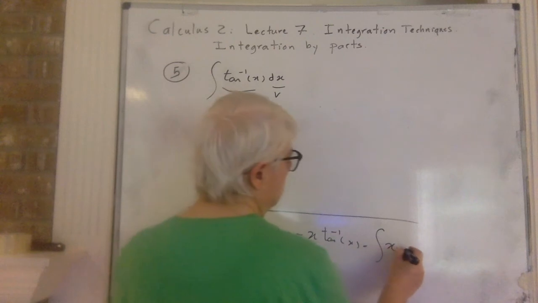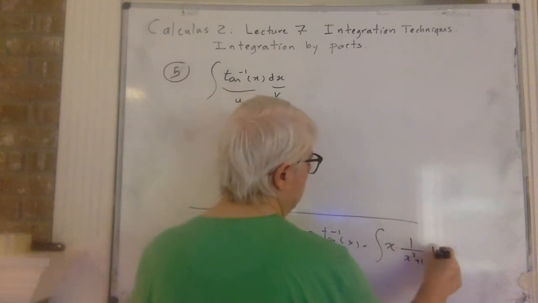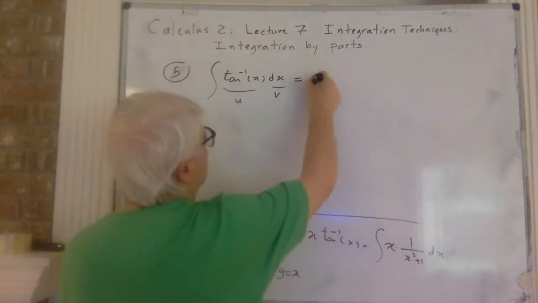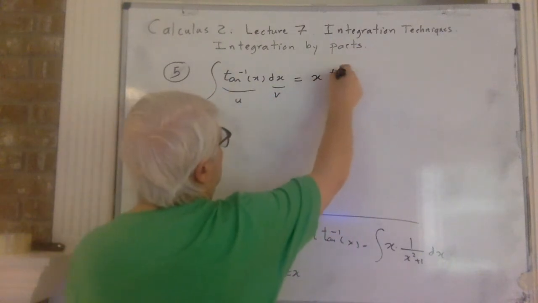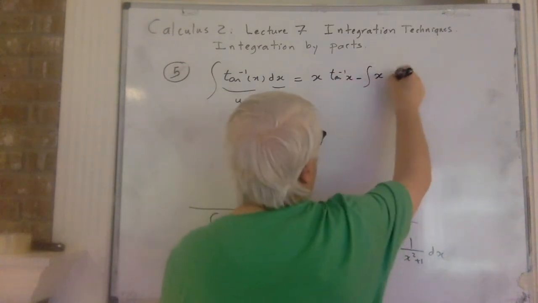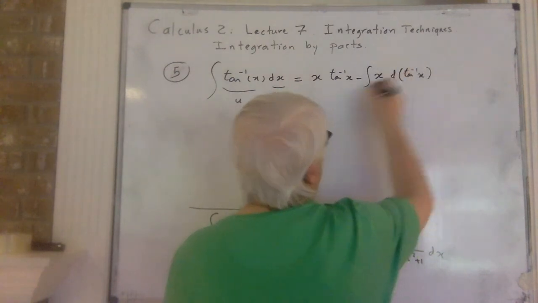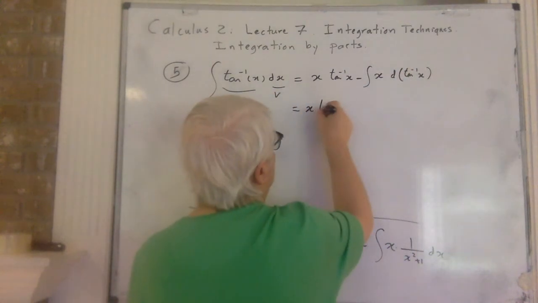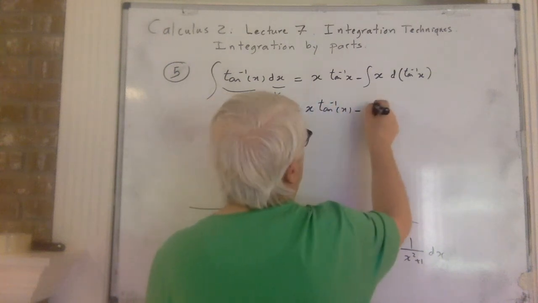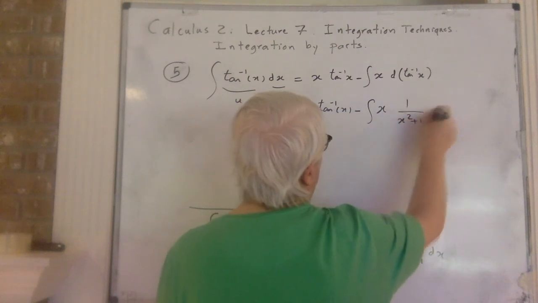Derivative of this is 1 over x squared plus 1 dx. So this one also is the same, u v: x tan inverse of x minus integral x times the derivative of tan inverse of x. So that's x tan inverse of x minus integral x times 1 over x squared plus 1 dx.